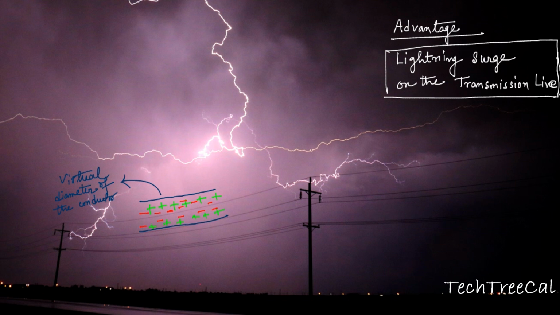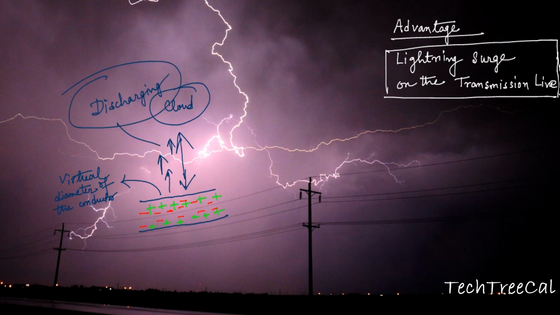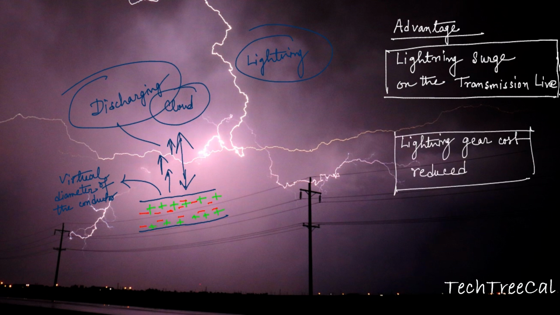Now these charges reduce the potential difference between the cloud and the transmission line, because these charges are discharging the cloud charge, which is responsible for lightning. So corona actually reduces the cost of lightning gears of the transmission line. So it is another advantage of corona.